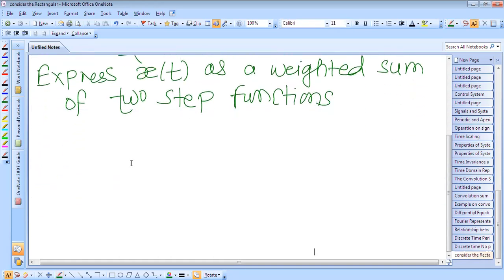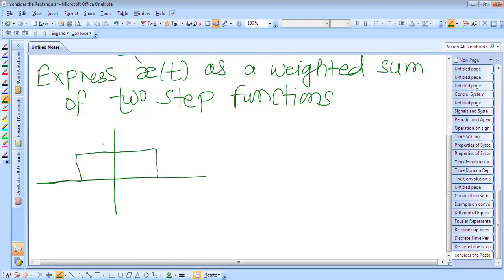So the rectangular pulse given is like this. This is of magnitude A. This is x of t. This is minus 0.5.